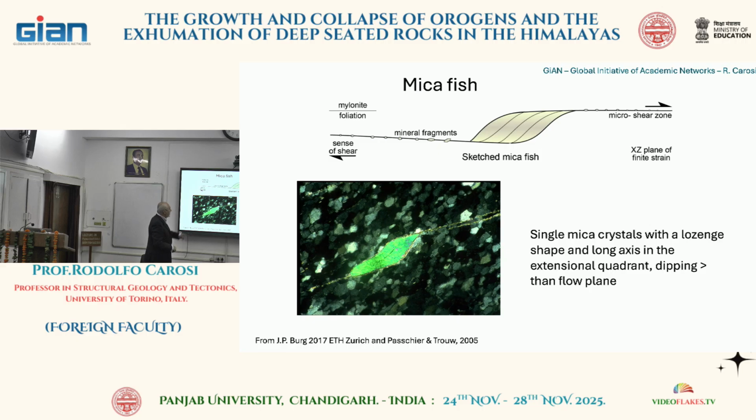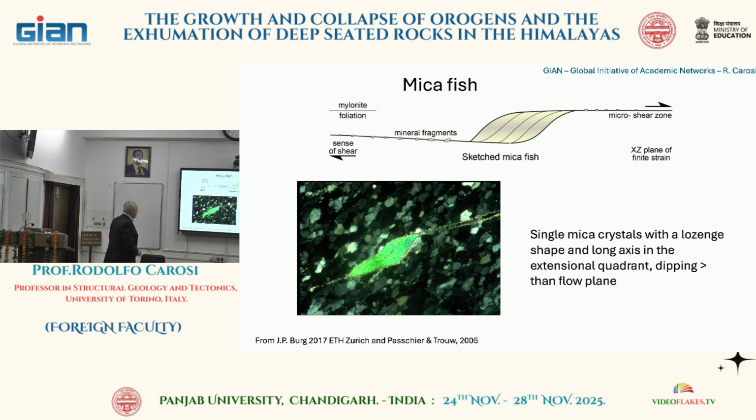And the geometry is like this. This is the original mica fish, sigma shaped, and the recrystallization of mica fragments or separation by stretching, micro shear zone, is a similar mechanism.